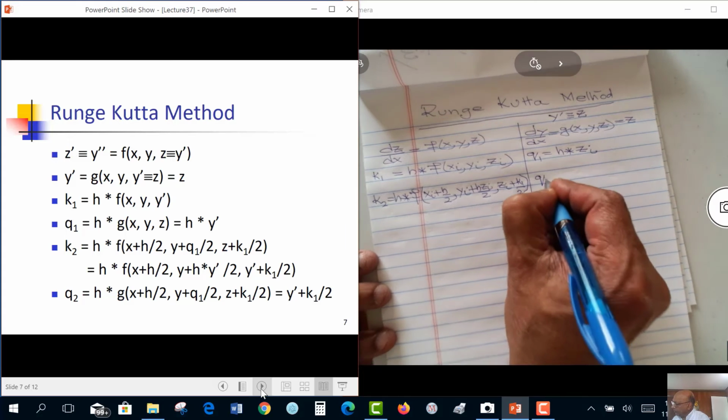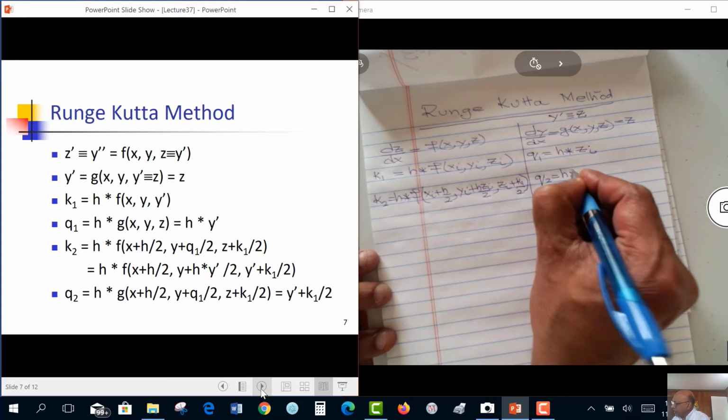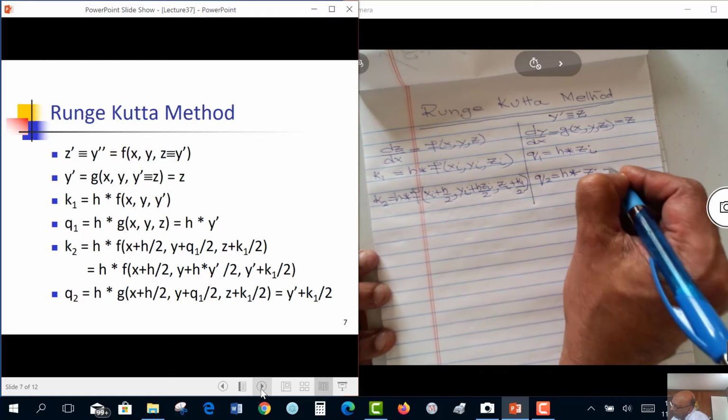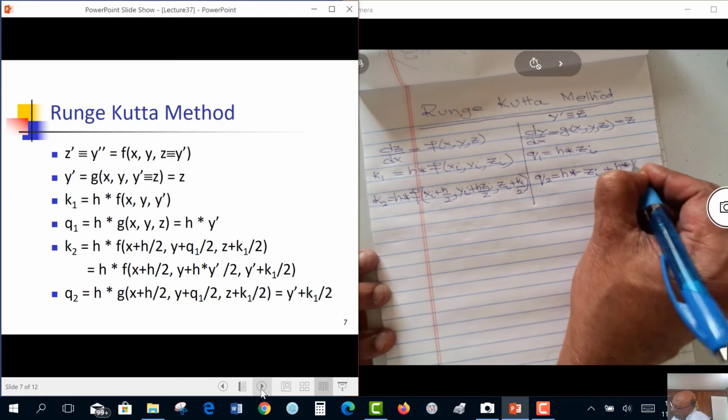What is q2? q2 would be h times just this third argument, which is z i plus h times k1 over 2.